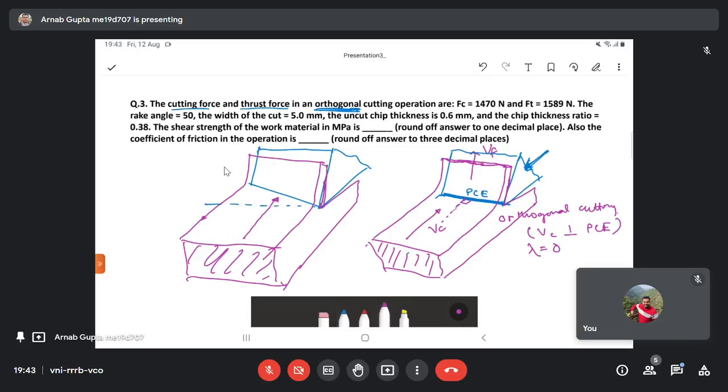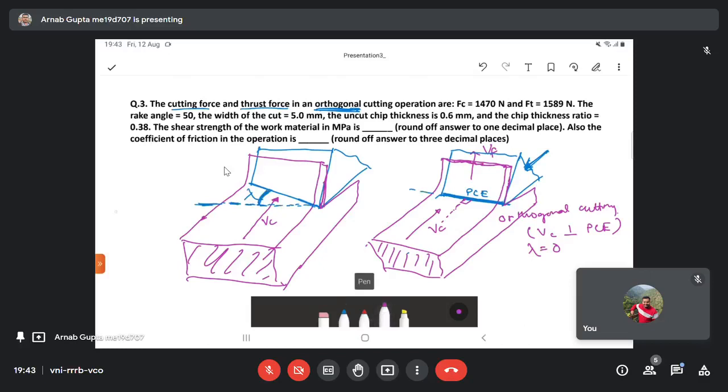Sorry, so this is VC. This was the original principal cutting edge here. This is same as that. However, here the cutting edge of the tool is inclined to this particular line. This particular angle is called lambda.